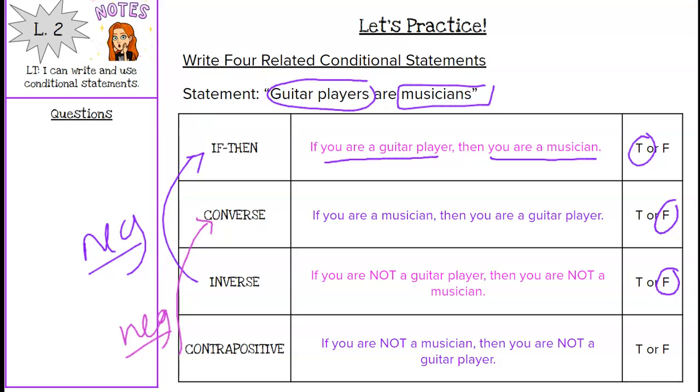And that would be true, because if you're not a musician, that means you don't play any musical instruments. So then you would not be a guitar player. All right, so that is how you write conditional statements.